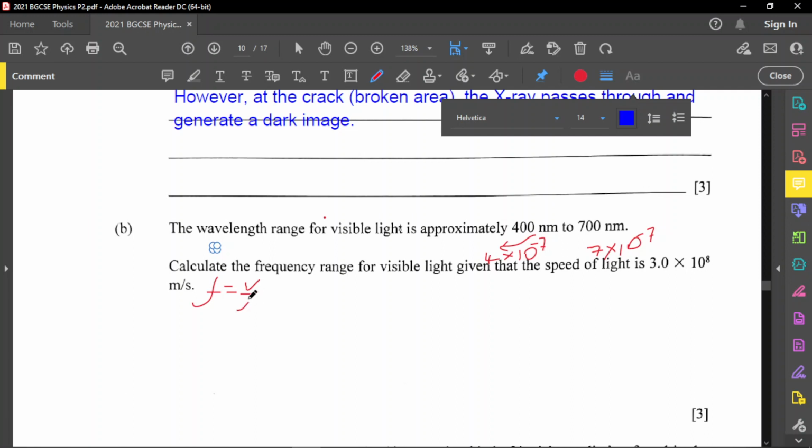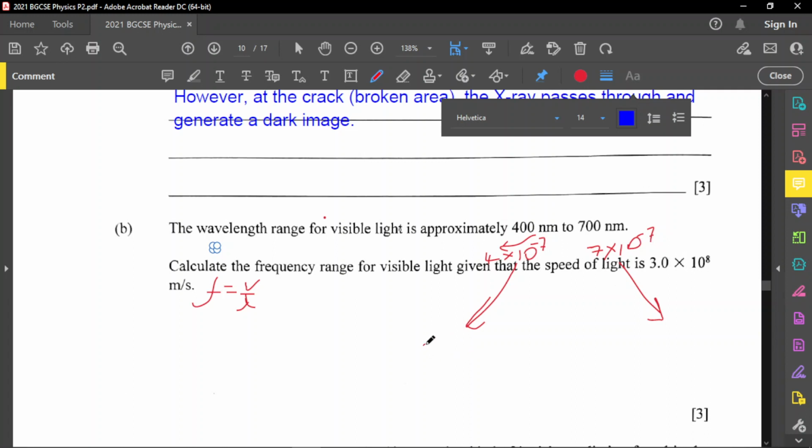So that will be your formula to find our frequency, where lambda is the wavelength. So we find the frequency here, and then we find the frequency here, and that will be our range. So the frequency at this point will be 3.0 times 10 to the 8.